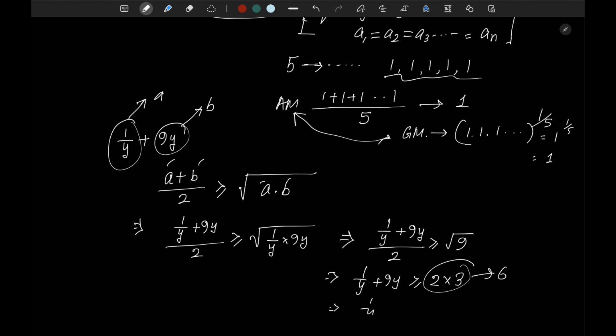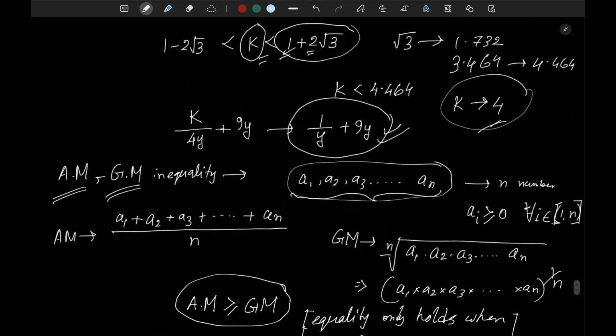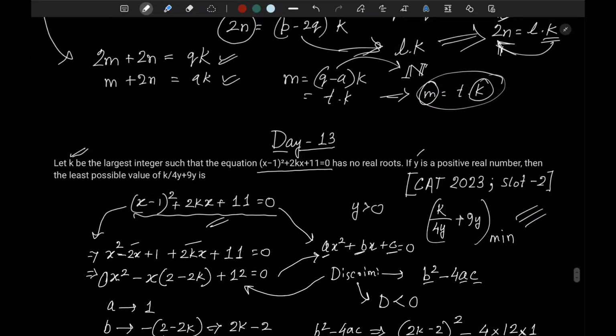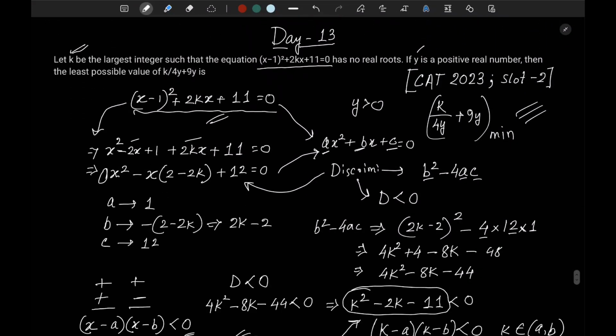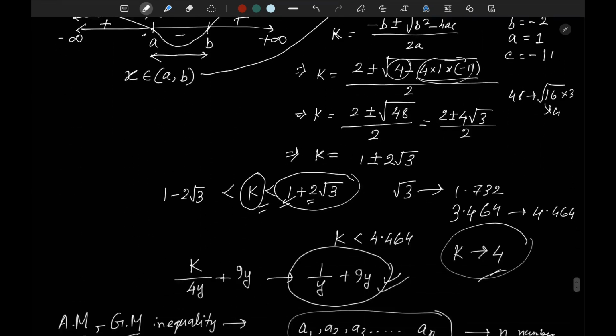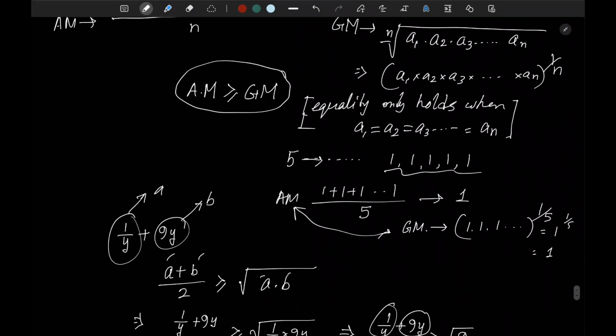That means 1 by y plus 9y is greater than or equal to 6. Why are we not taking the minus 3 value? Because we have already mentioned that these numbers have to be greater than or equal to 0, and they have already mentioned in the question that y is a positive real number. So we are good to apply the AM-GM inequality.